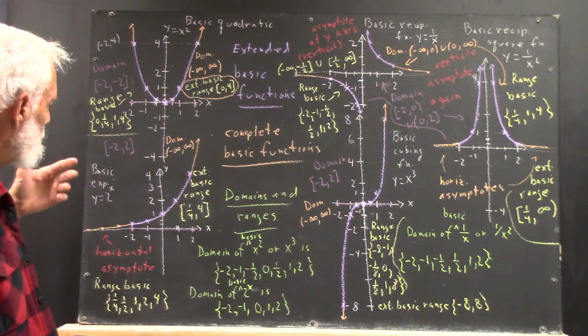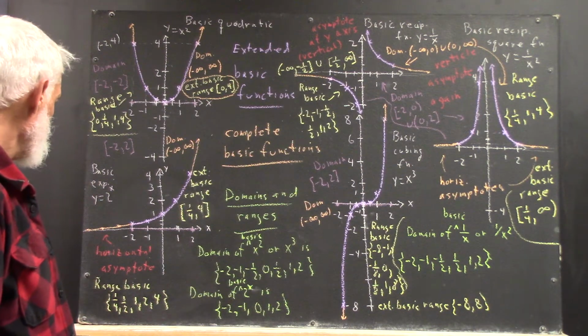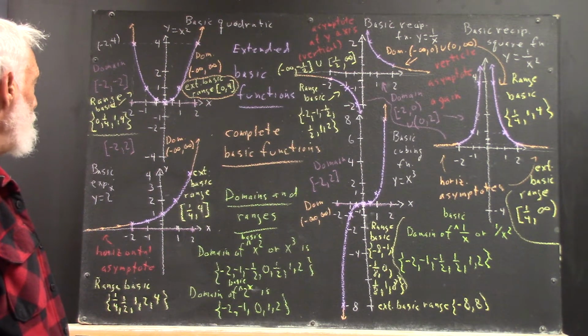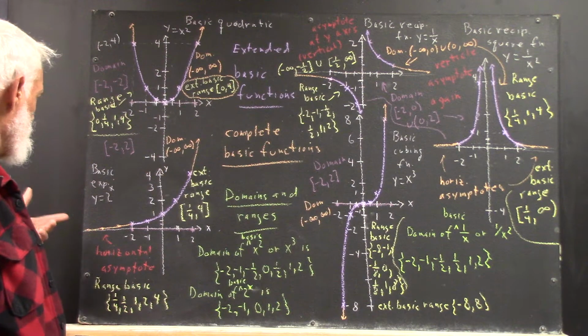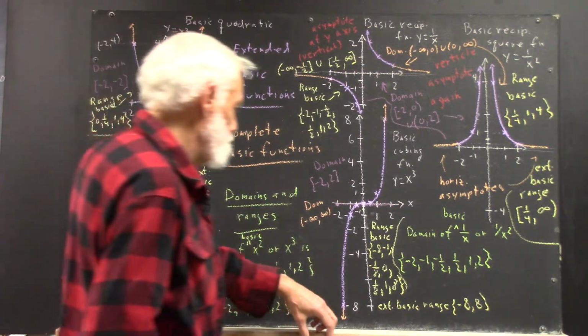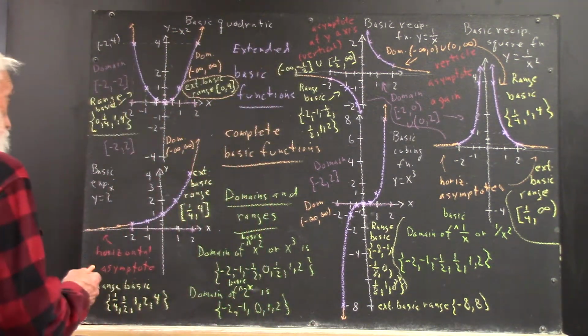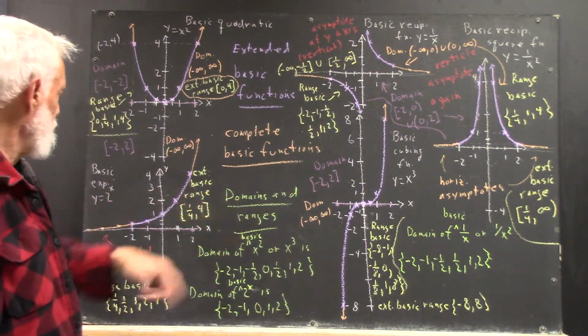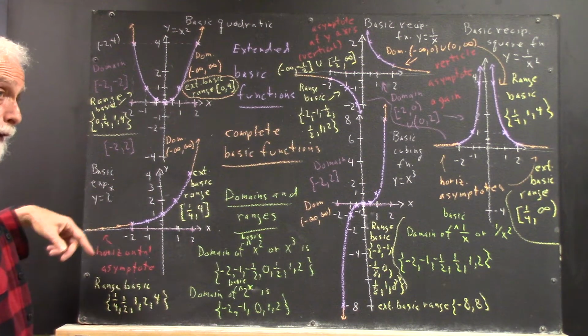And then you have the complete basic function. Okay, the domain of the complete basic 2 to the x exponential function. Well, the domain is from -infinity to infinity. You can do 2 to the x for any value of x.